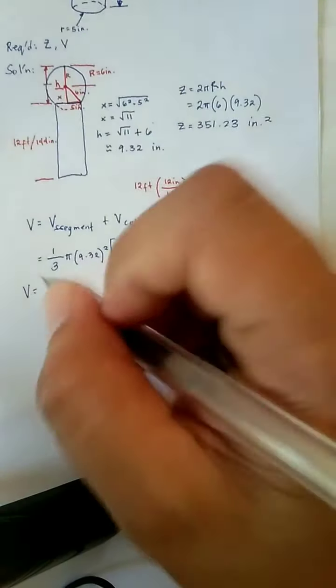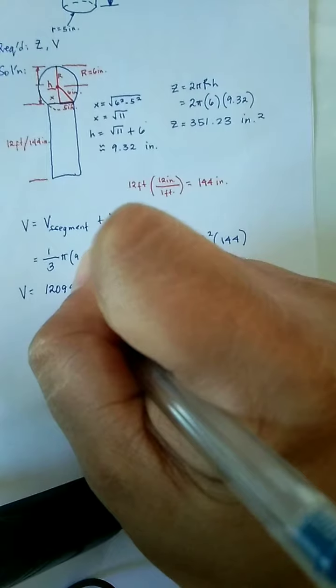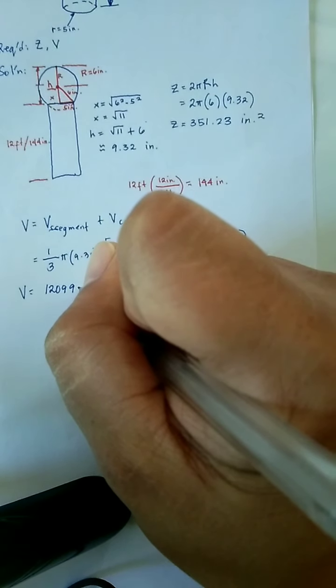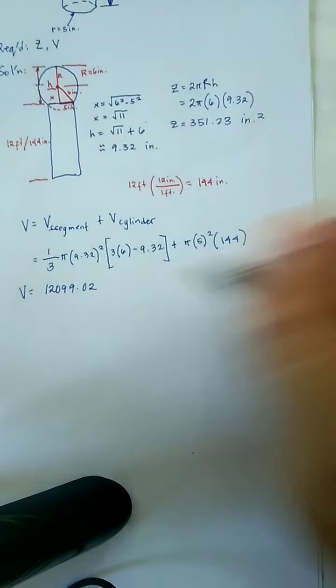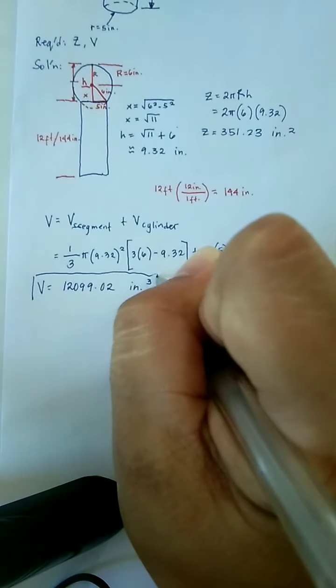The final answer for the volume is 12,099.02 cubic inches.